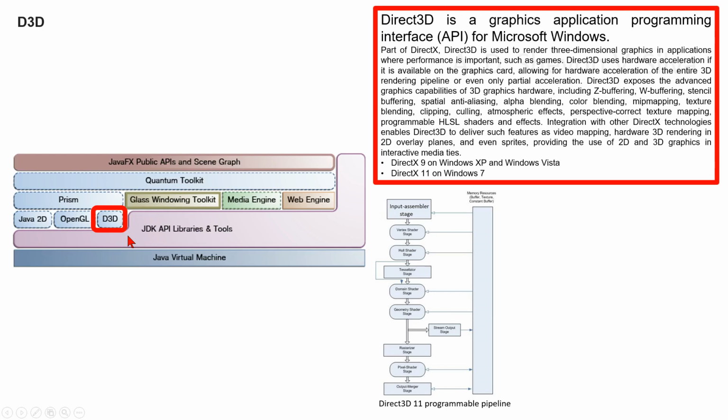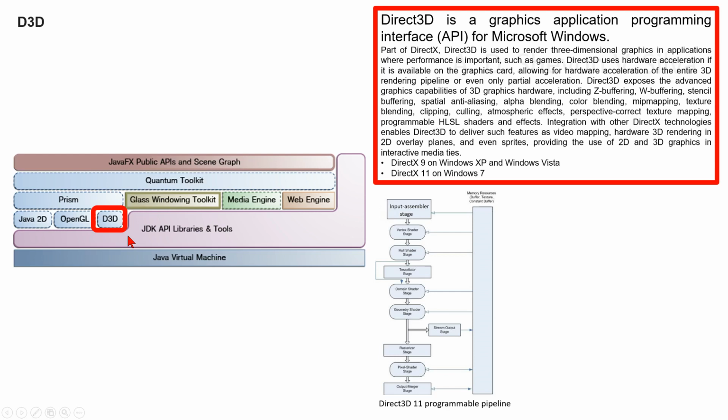Direct 3D exposes the advanced graphics capabilities of 3D graphics hardware, including Z buffering, W buffering, stencil buffering, spatial anti-aliasing, alpha blending, color blending, MIP mapping, texture blending, clipping, culling, atmospheric effects, perspective correct texture mapping, programmable HLSL shaders and effects.